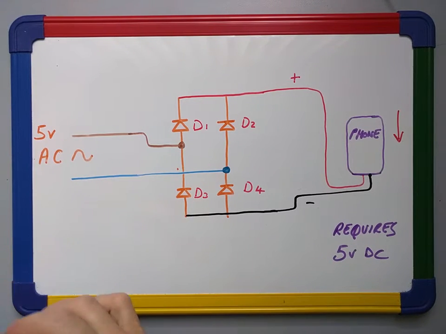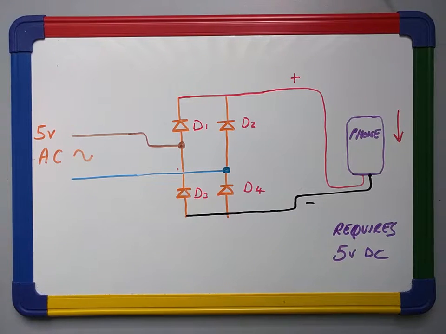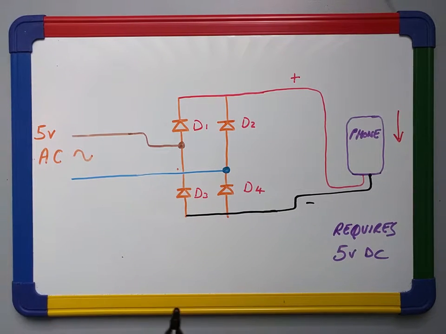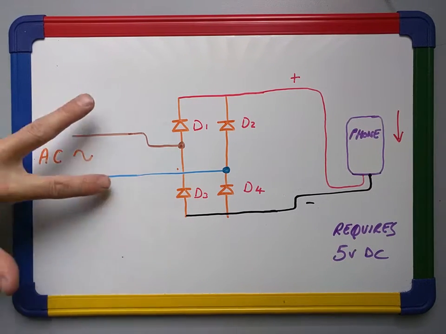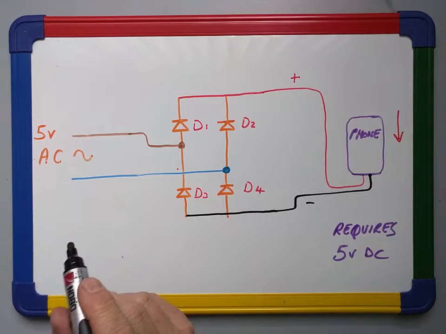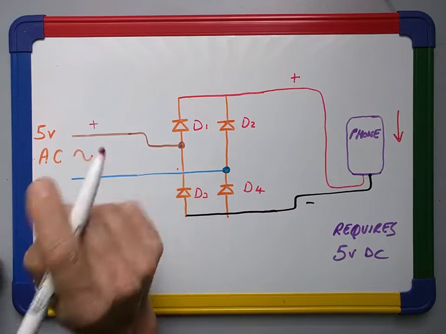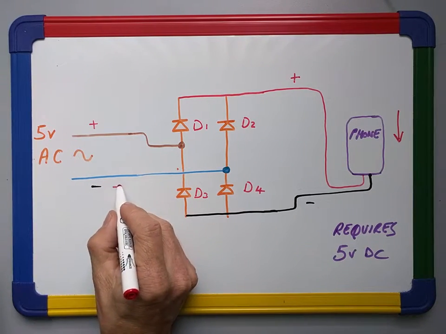You'll remember over at the left here where we have an AC supply, the reason that the current flows back and forward continually is because the polarity here, the voltage, keeps switching over. Positive, negative, positive, negative, positive, negative. So sometimes it's positive at the top, negative at the bottom, and then a fraction of a second later it's the other way about.